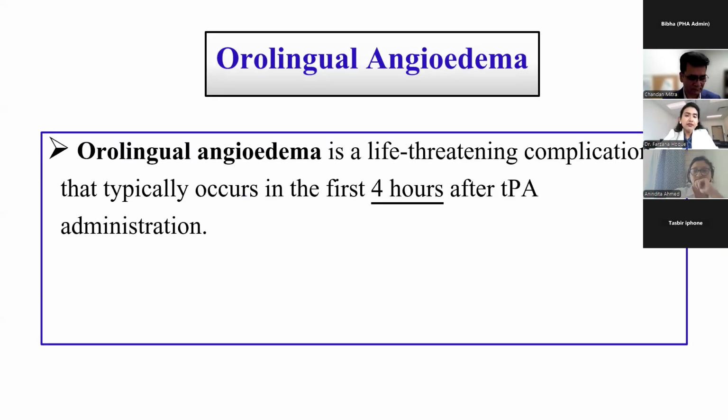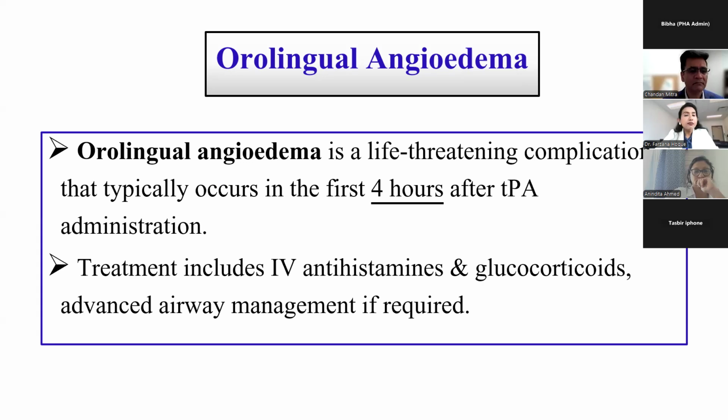Orolingual angioedema is a life-threatening airway emergency that typically occurs within the first 4 hours after TPA administration. Treatment includes IV antihistamine and glucocorticoids, and advanced airway management if required.